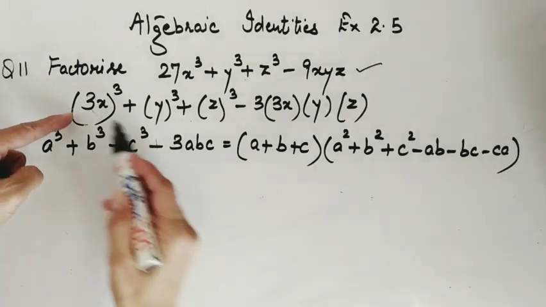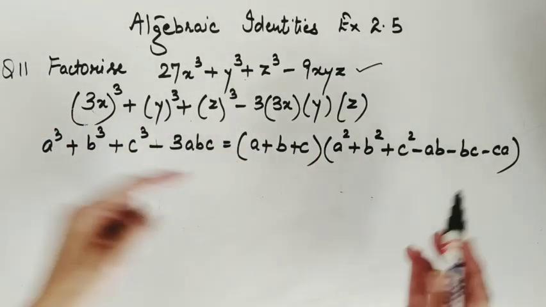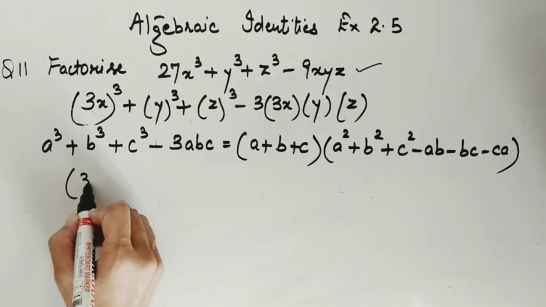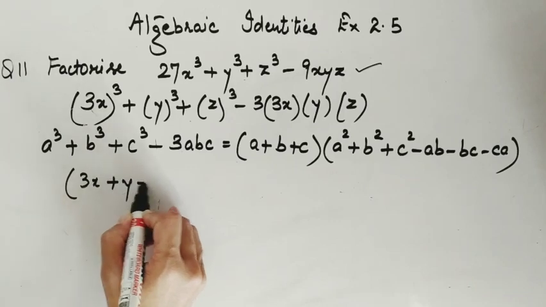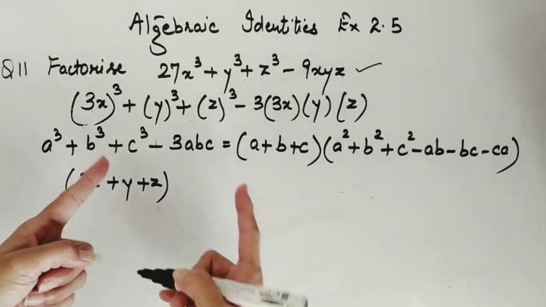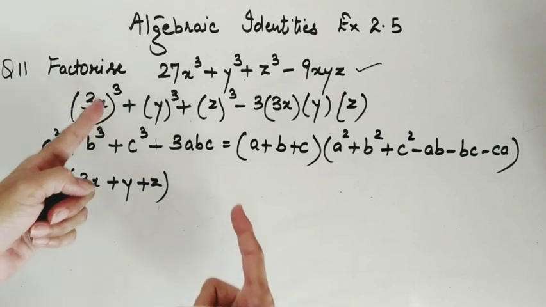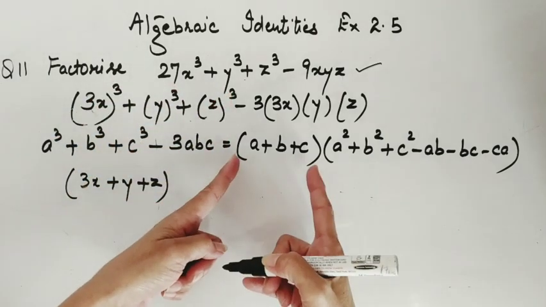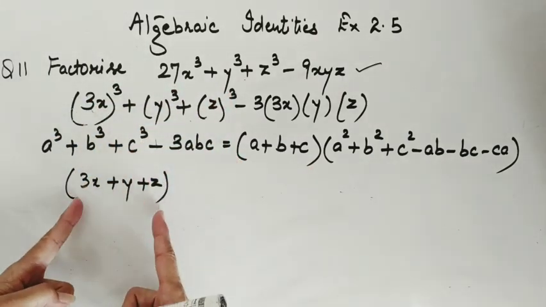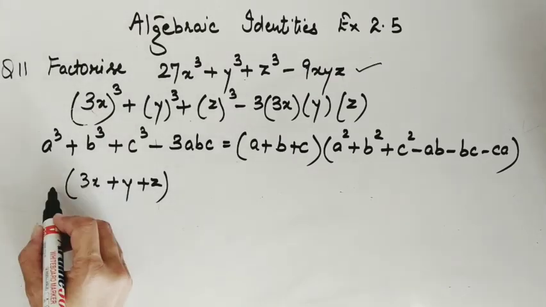So let's put this in factor form. So this becomes 3x plus y plus z. Over here it's a cube plus b cube plus c cube, so a plus b plus c, or 3x plus y plus z is done.